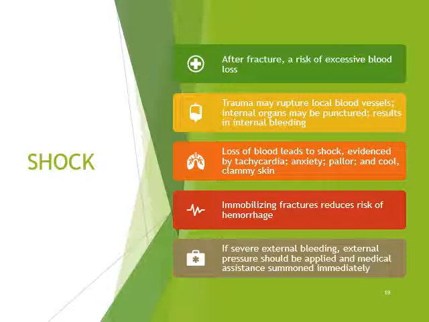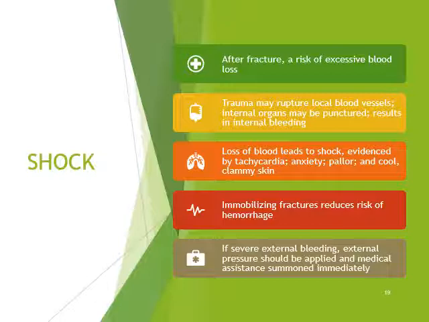Loss of blood leads to shock, evidenced by tachycardia. So it's important that you remember these signs and symptoms of shock. It is going to keep coming up, and this shock is related to hypovolemia or bleeding, and the patient has tachycardia, anxiety.